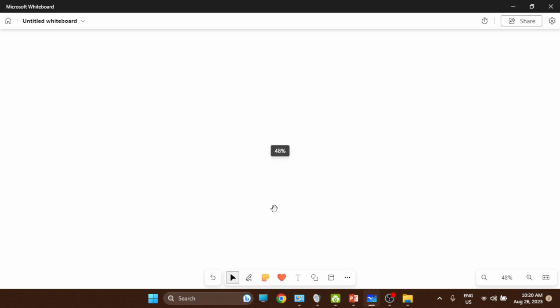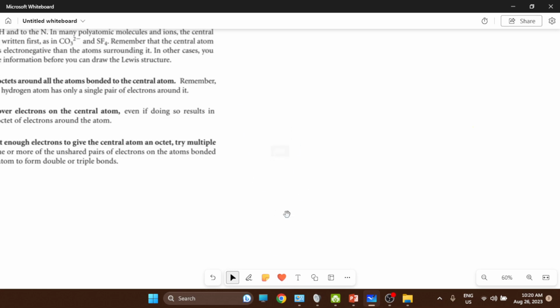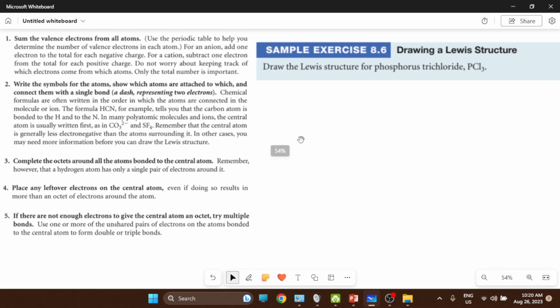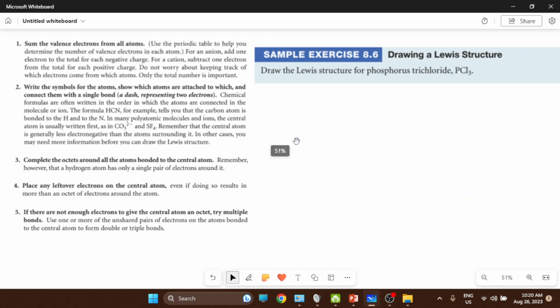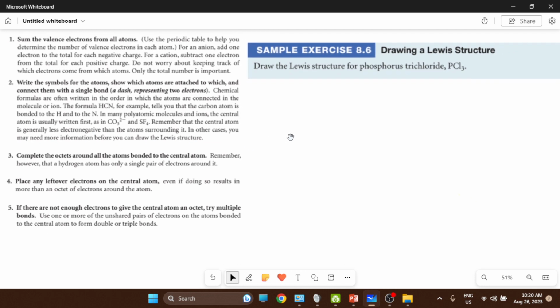And we can see here, this is an example, let's try to draw the Lewis structure of phosphorus trichloride. Okay. First and foremost, sum the valence electrons from all atoms. Okay, ano ba yung mga atoms na present natin? Phosphorus and chlorine. We have 1 phosphorus and 3 chlorine.